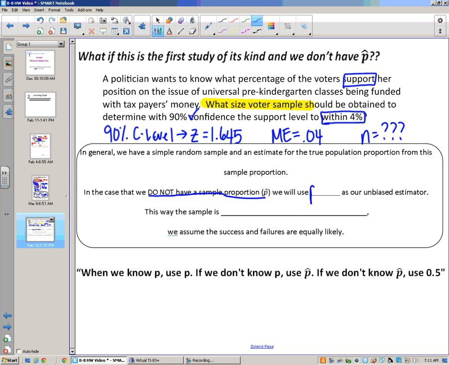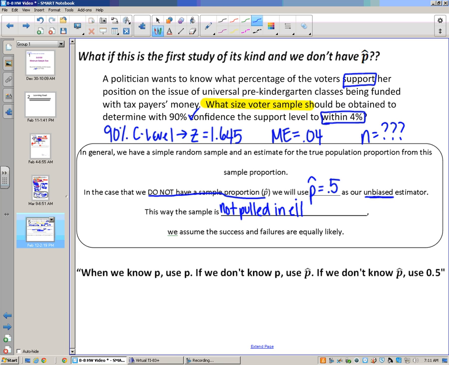That means we're going to use p hat equals 0.5 or 50%. Because that's unbiased. It's not swinging in one direction or the other. This way the sample is not pulled in either direction.